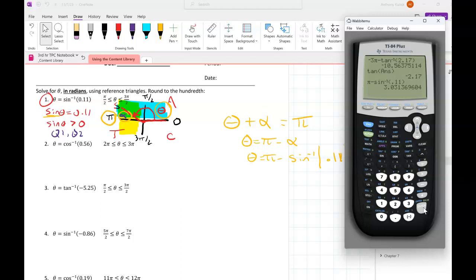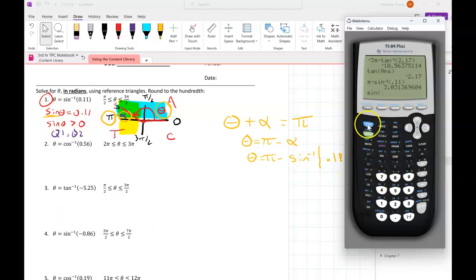Okay, can we check this? Yes. All of our answers on sheet 2 are checkable. There's no reason when you finish a question you should not know whether it's right or wrong. Let's show you how to check it. So first thing I want to do is sine of theta should equal 0.11.